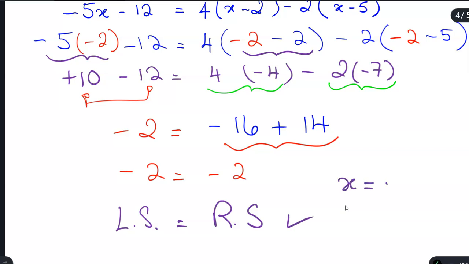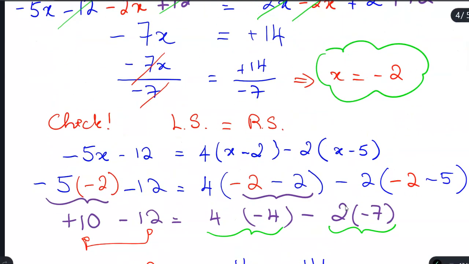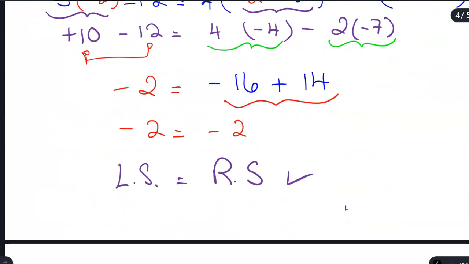And then x is absolutely equal to the value that you have found up here, x equal to negative 2. And it happens to be negative 2 equal to negative 2 on both sides.